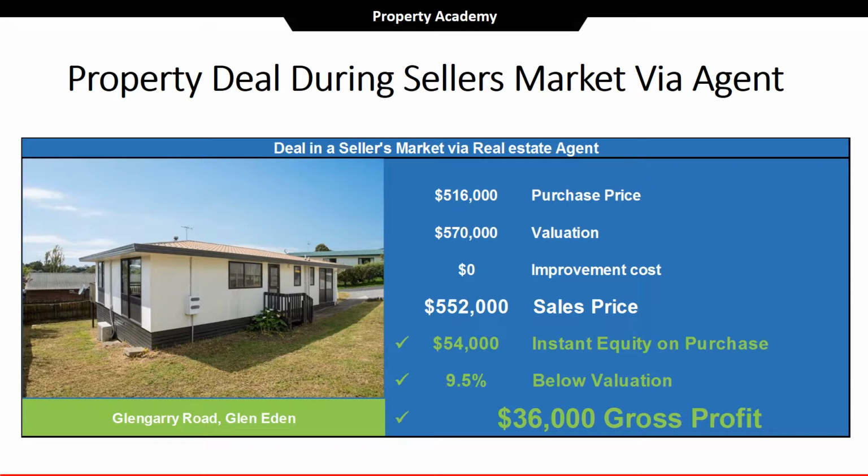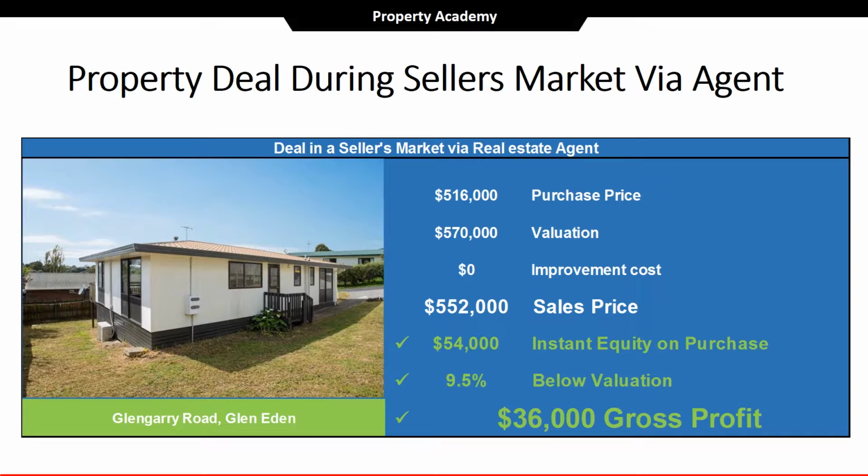All my research and feedback indicated that this is what the property should be selling for. So I was confident buying at $516,000 that I wasn't going to lose any money. It was only a case of whether I'd make $10,000 or $50,000. It was never a case of whether I'd make money or not. I definitely knew I was going to make money.